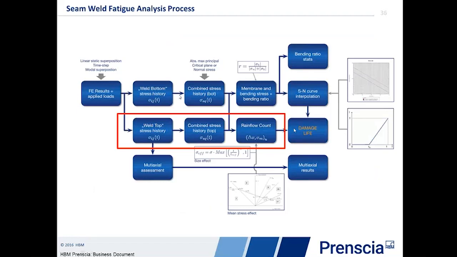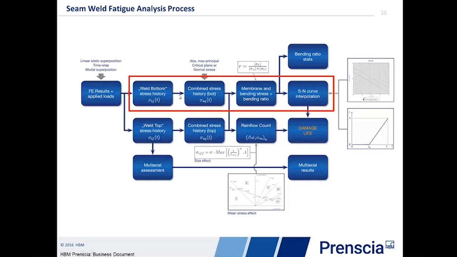The top path is calculating the stress at the opposite surface of the plate. So if we were saying that the top surface of our shell was the weld location we're going to analyze, we're now looking at the stresses at the bottom surface in the same directions, and using that to calculate this bending ratio that we then use to compute an SN curve to go along with this particular weld location and stress history.